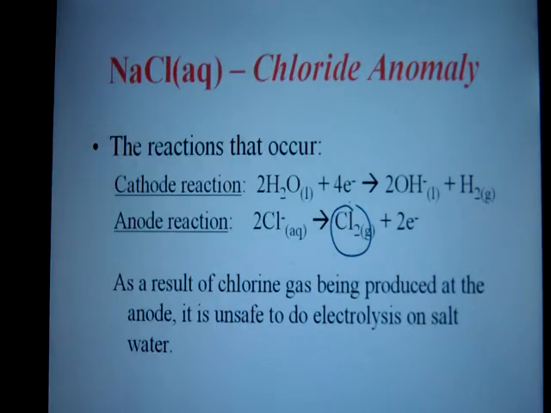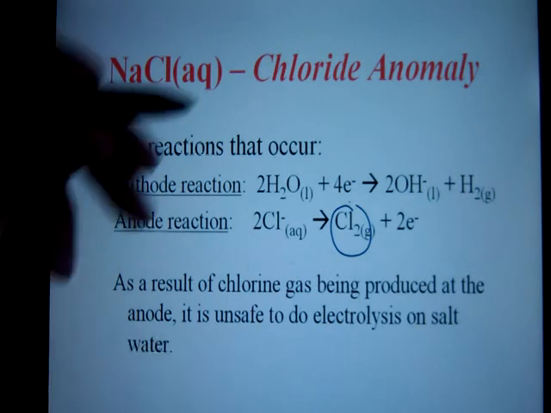And another thing that you are often asked about in cell scenarios is what evidence of reaction do we have at the anode and the cathode? Well, with the chloride anomaly, instead of just having oxygen being produced, which is a flammable gas, we would get chlorine.